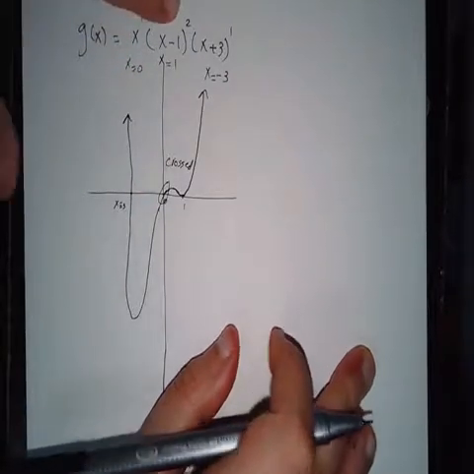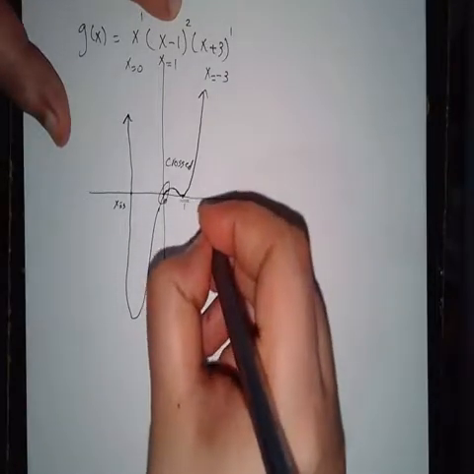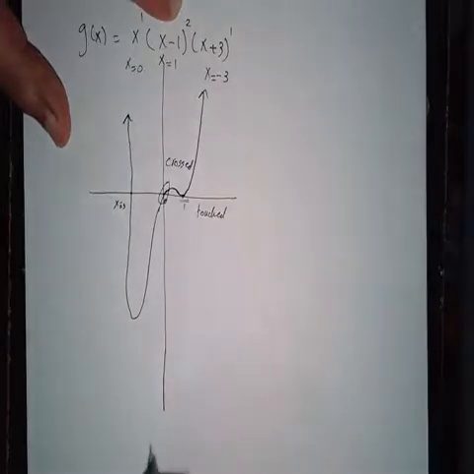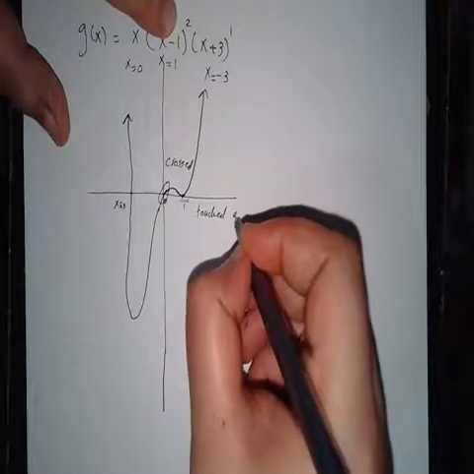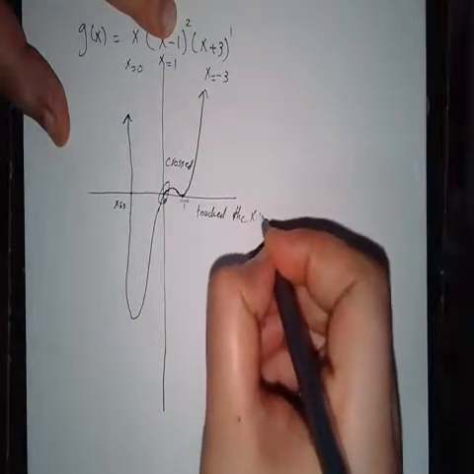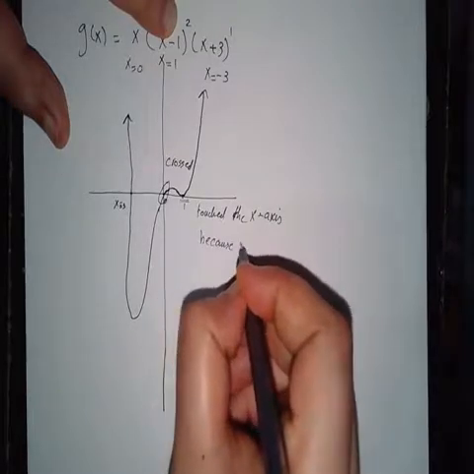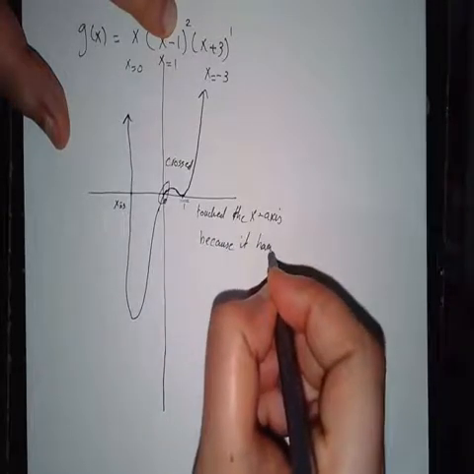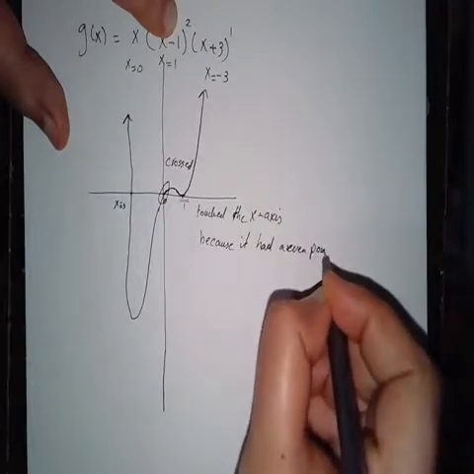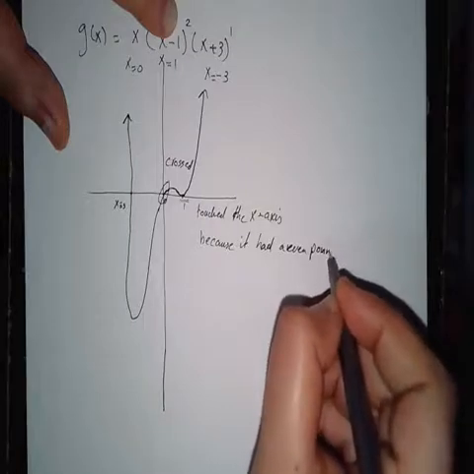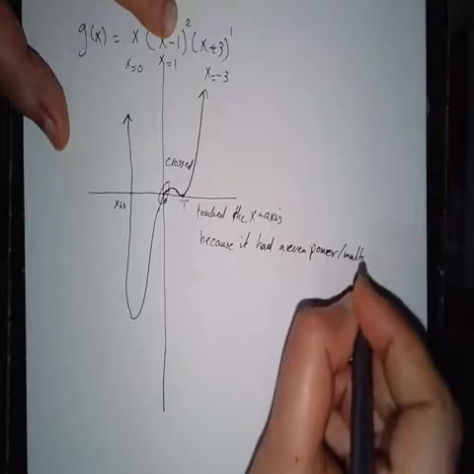At the point 1, it touched it because it's an even power. So it touched the x-axis because it had an even power, or I should say multiplicity.